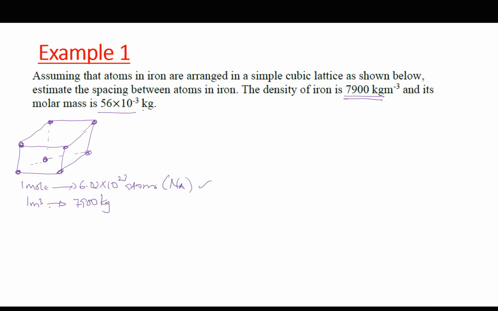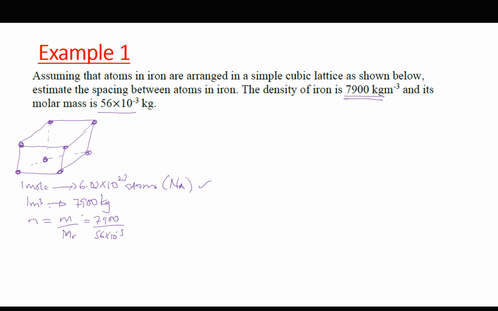And how many moles are these? The number of moles is equal to the mass divided by the molar mass, which will simply be 7,900 divided by 56 times 10 power negative 3.